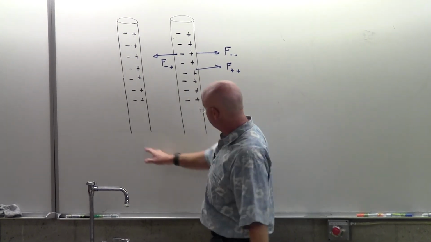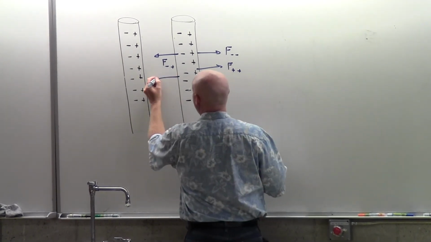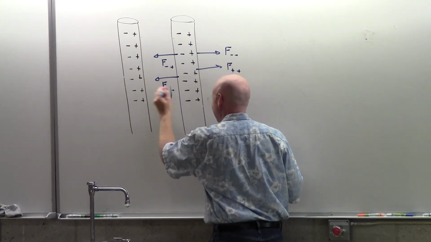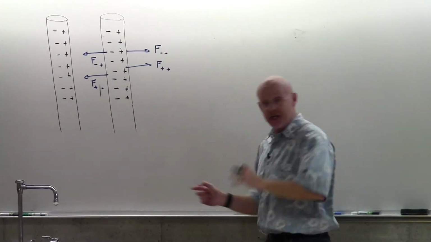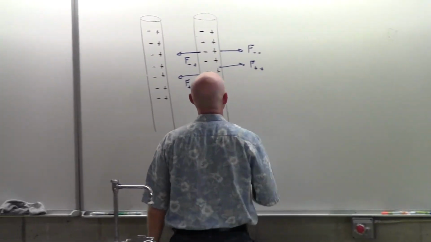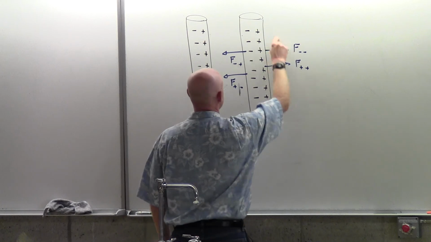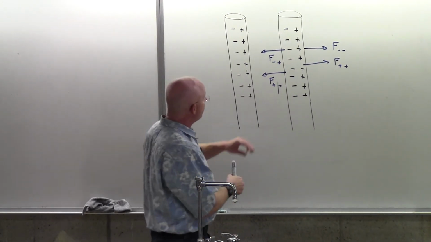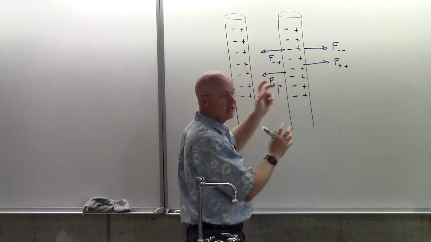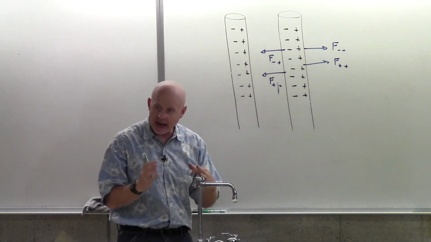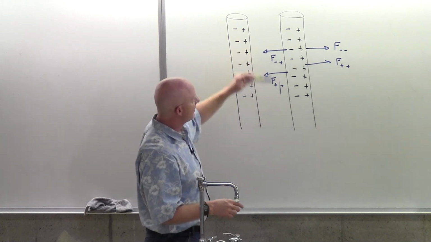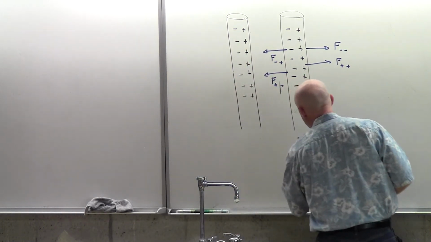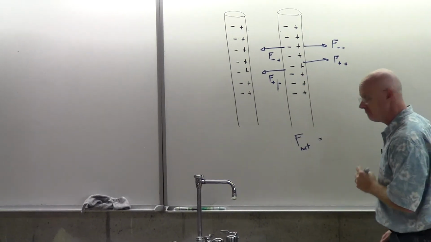How would the pluses here respond to the minuses there? F plus minus. And as you look carefully at this, I would say, well, since I have equal numbers of pluses and minuses, I have equal densities throughout, these forces are the same, these forces are the same, what would I get for the net force? 0.